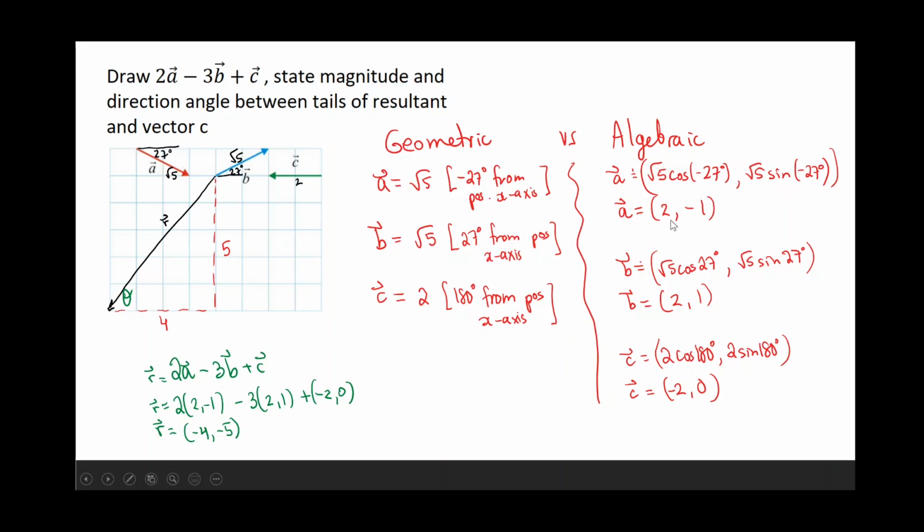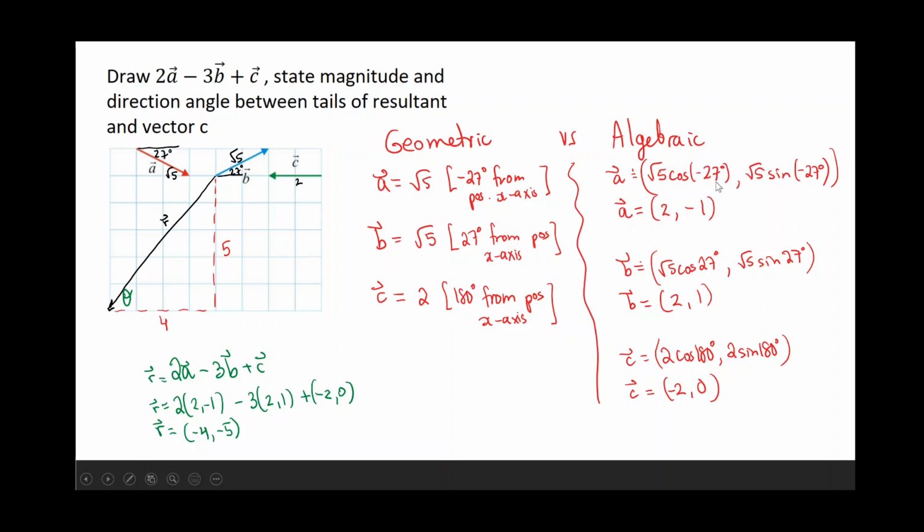It's not really a point, but it's going to be 2, -1. For vector B, if you imagine the origin was at the tail of B, you're going over 2 up 1. So you'll have 2, 1. And by the way, notice how cosine of this angle from the positive x-axis would actually end up giving you exactly this 2.